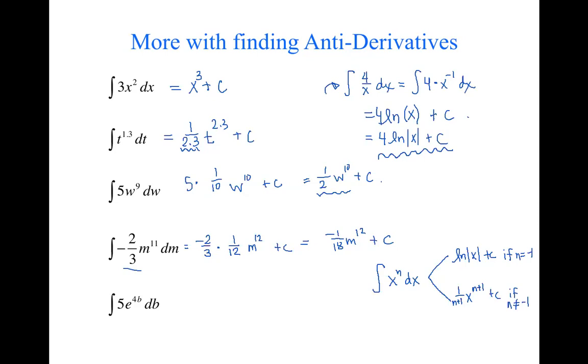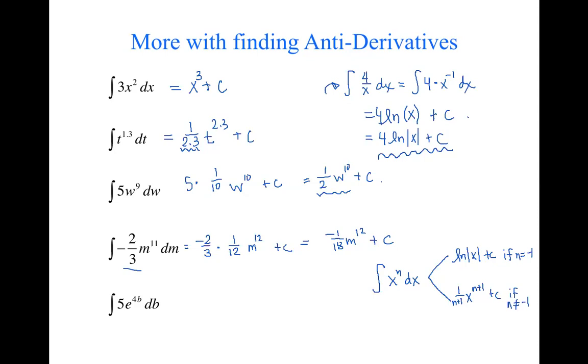This one is not a power function. Notice it's an exponential function. The variable b is in the exponent. And whenever you encounter something like this, you say, well, do I remember getting things like this as a result of a derivative? E to a power in a derivative came from e to a power in the original, right?